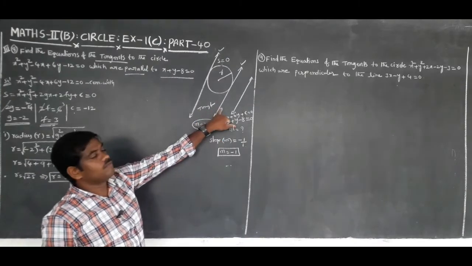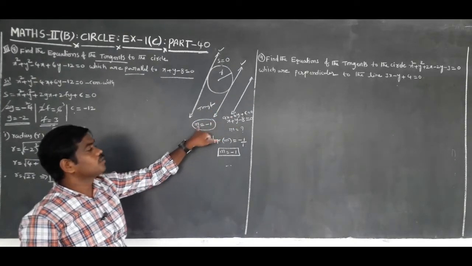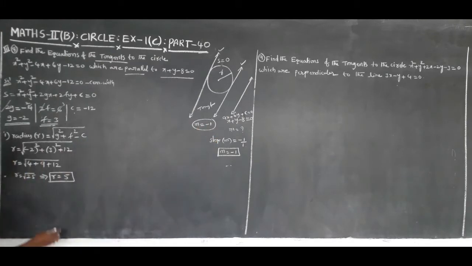Here, find the equation of the tangent having slope m.